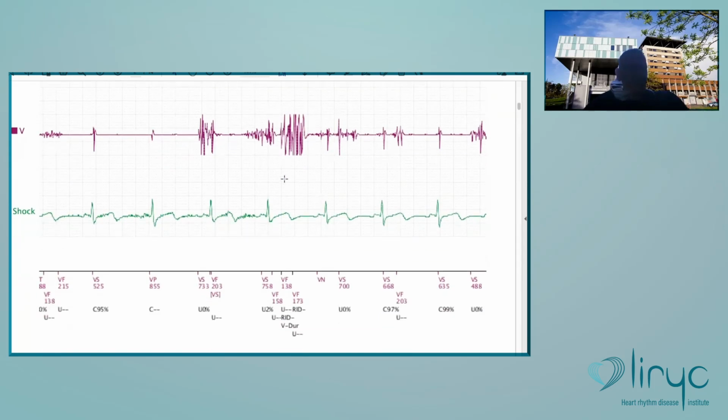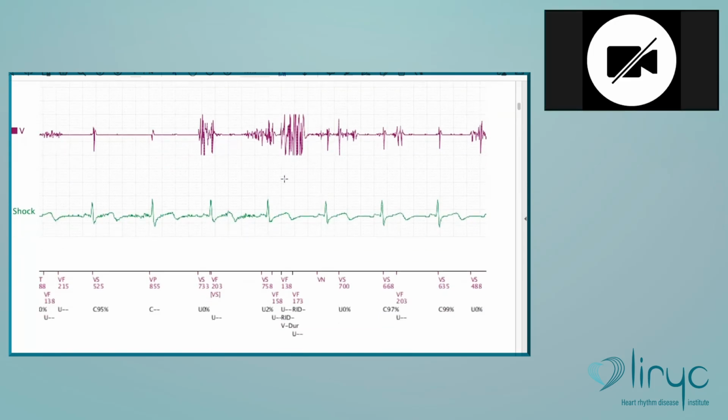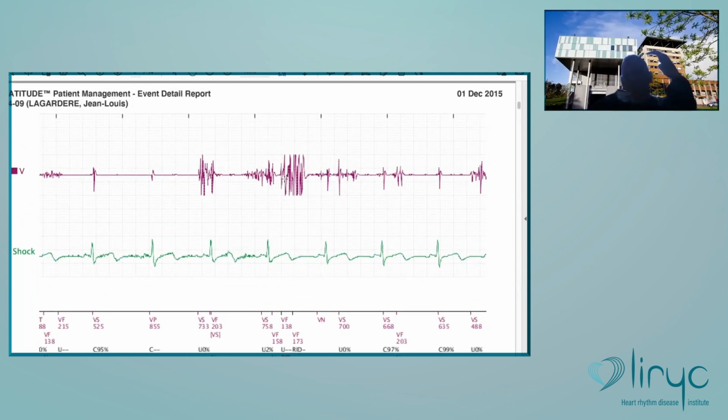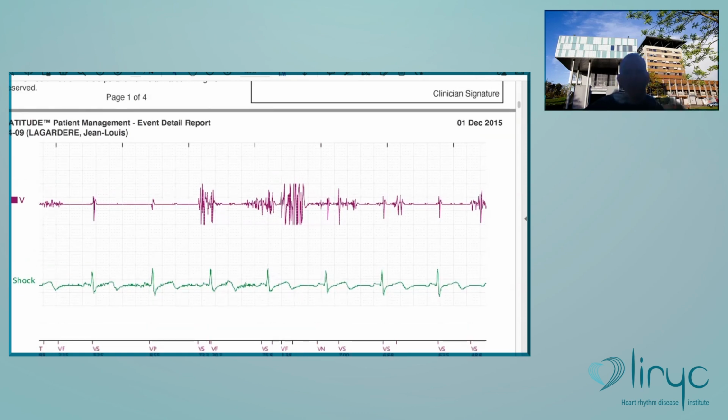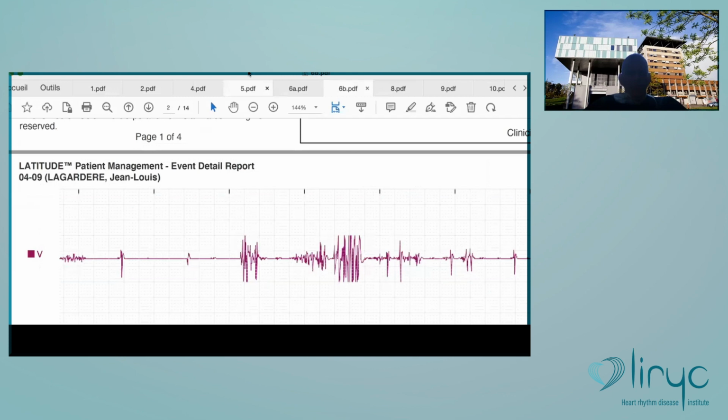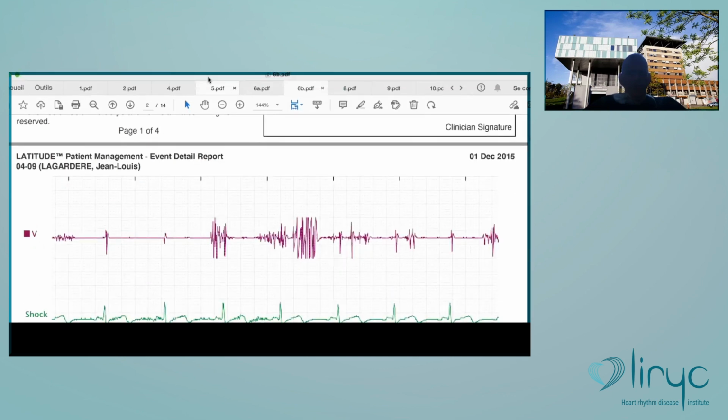What do you think? Probably a lead fracture, yeah, because of the high impedance and because of the high amplitude of the signals with some duration of the amplifiers. Okay, so this is quite classical for a lead dysfunction and a lead fracture. Once more, we'll spend much more time in the future to discuss that.